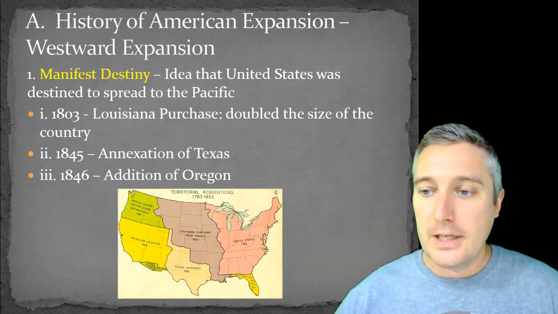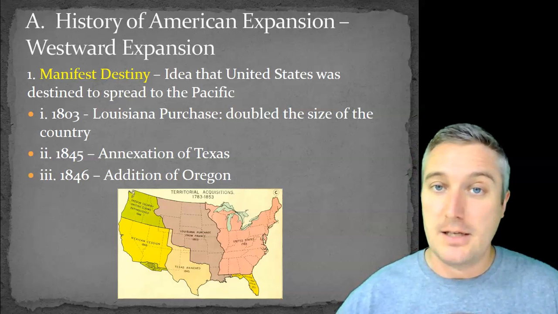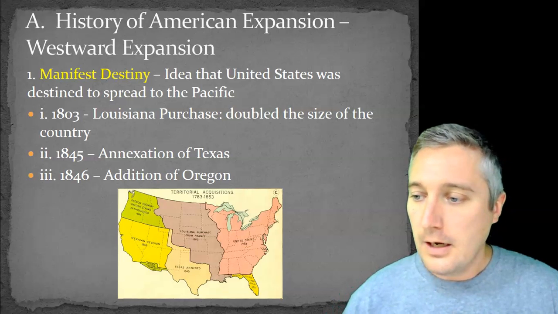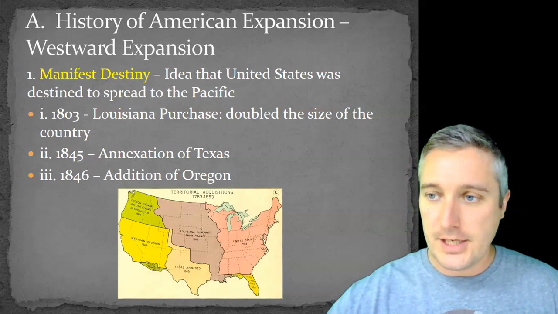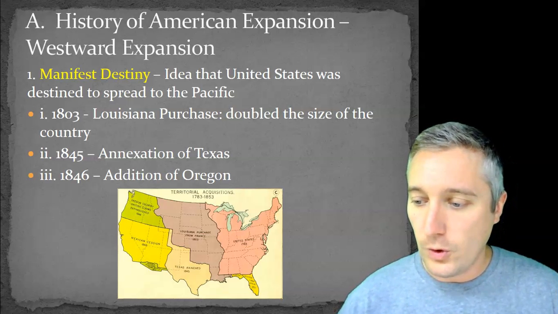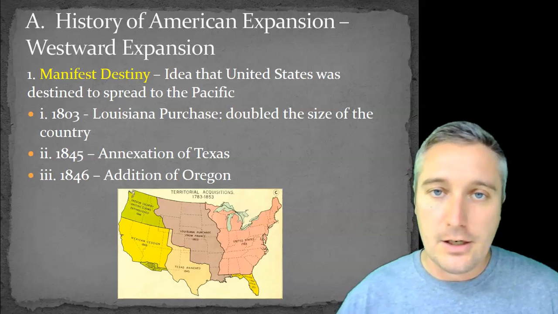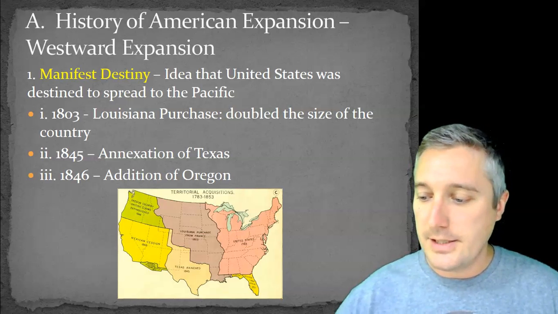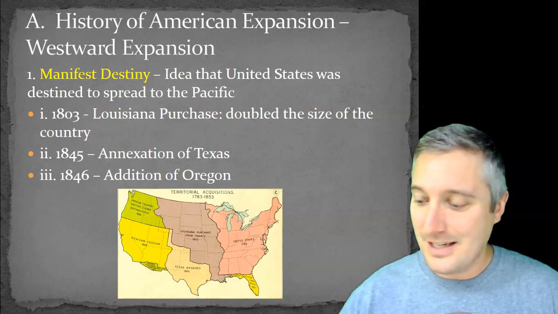And again, that land was not empty either. Even though we would beat the Mexicans in a war, that land had settlers, but it also had native peoples, and we often leave them out of this story. Just a quick rundown there. 1803, Louisiana Purchase, doubled America's size. 1845, Texas is annexed. That was just Mexico.